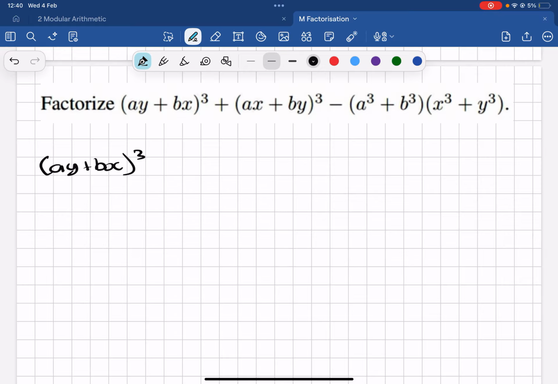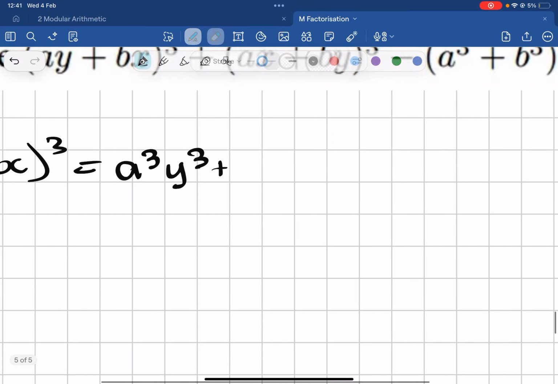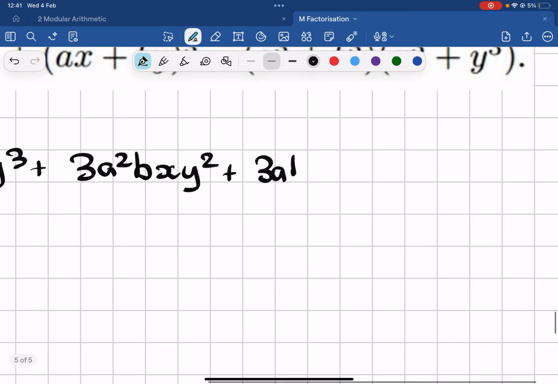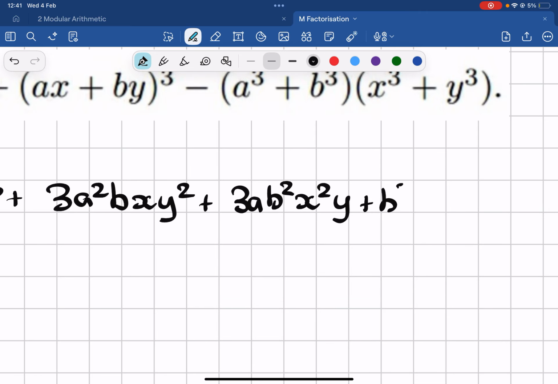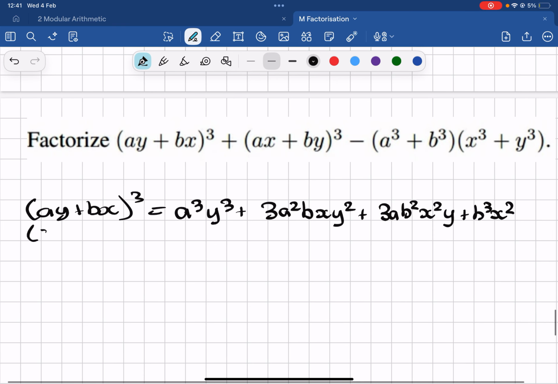Using the identity we used earlier, we know that this equals a cubed y cubed plus 3a squared b x y squared plus 3a b squared x squared y. Our last term b cubed x cubed. Now (ax plus by) cubed.